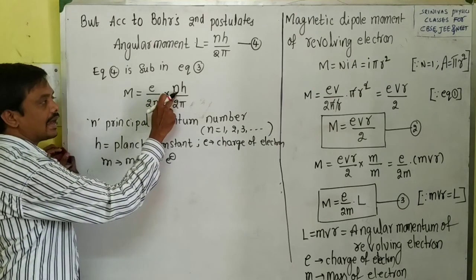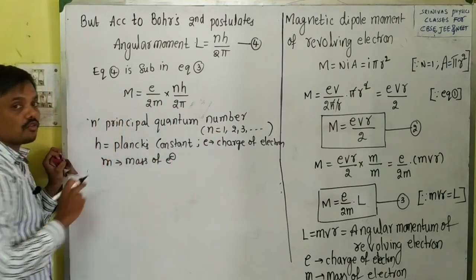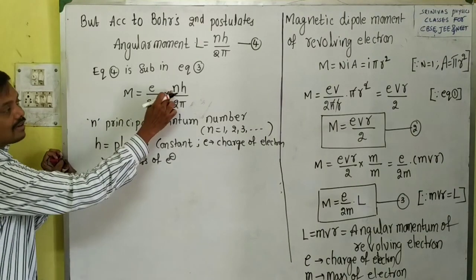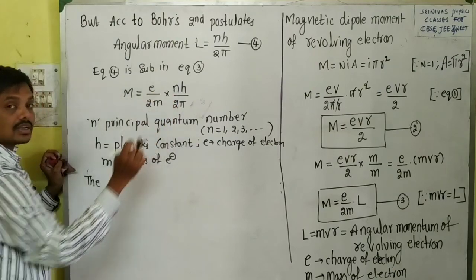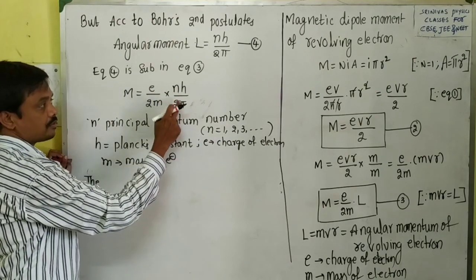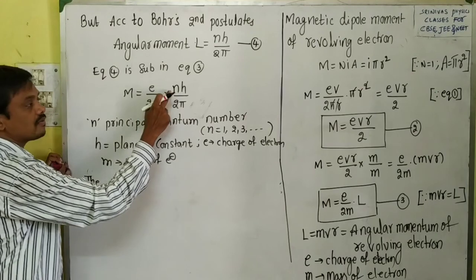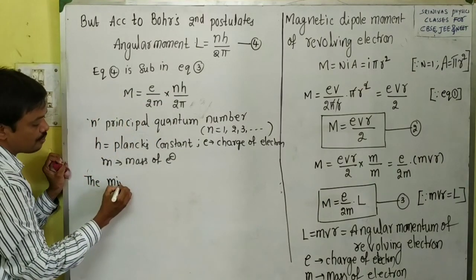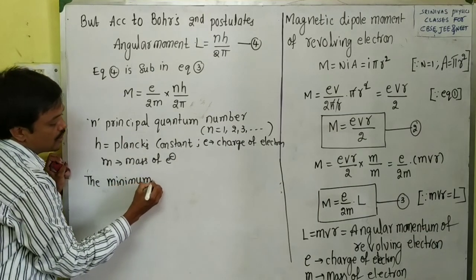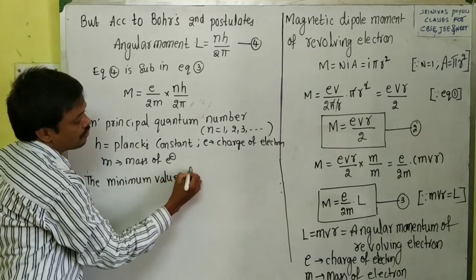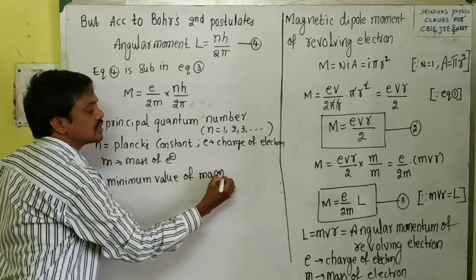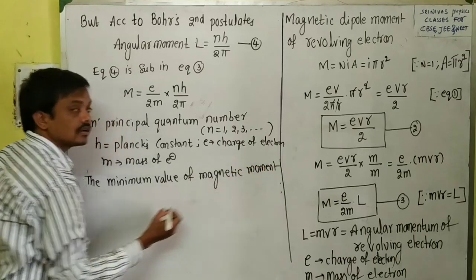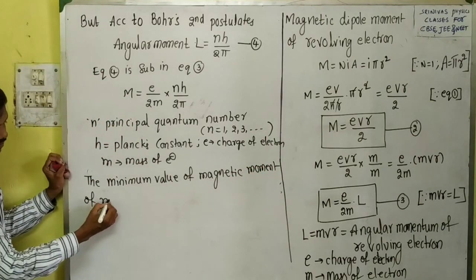If you substitute n is 1, you will get the minimum value of magnetic moment. n value may be 1, 2, 3 like this. In that, 1 is the first orbit. First orbit is the minimum. When you substitute the minimum value, you will get the minimum value of magnetic moment of the revolving electron.